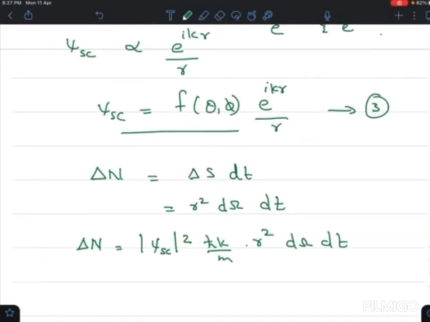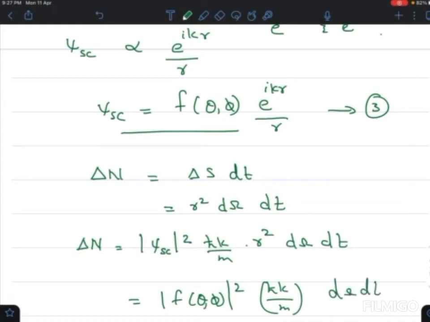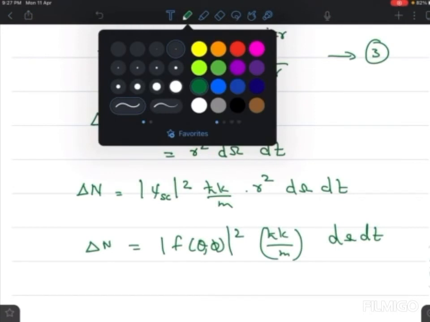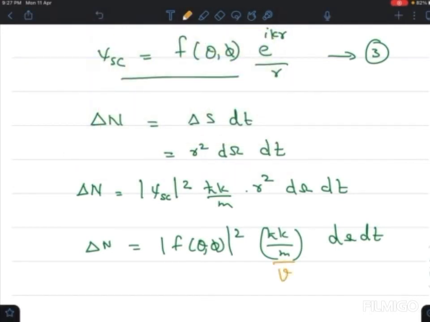We can write it as modulus of f theta phi the whole square, h cross k by m, that's your velocity, times d omega dt. If you put this as v, it is alright, because you can write this as v itself, modulus of f theta phi the whole square v into d omega dt. That's my delta n. So this I'll give as equation number 4.